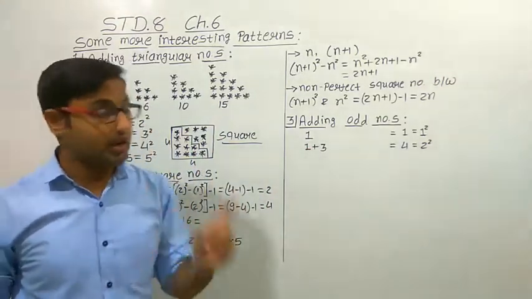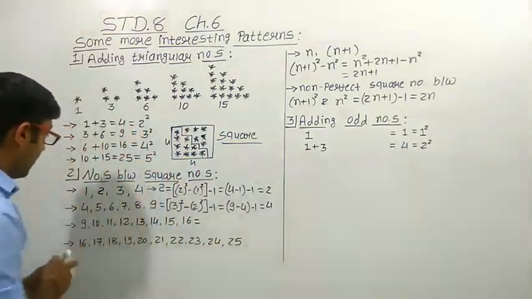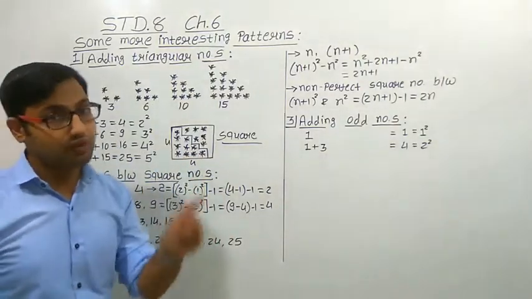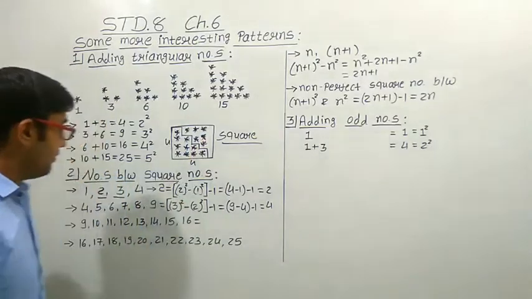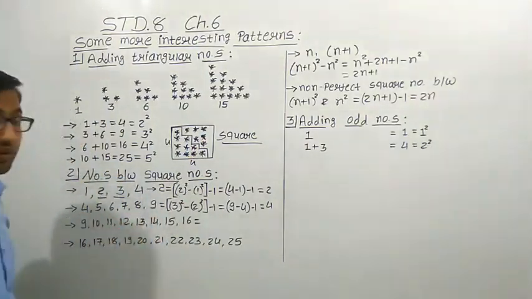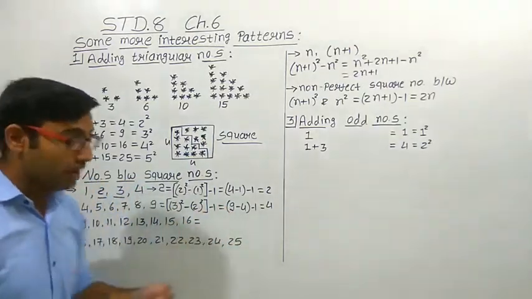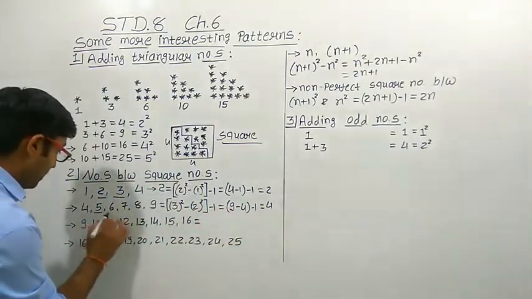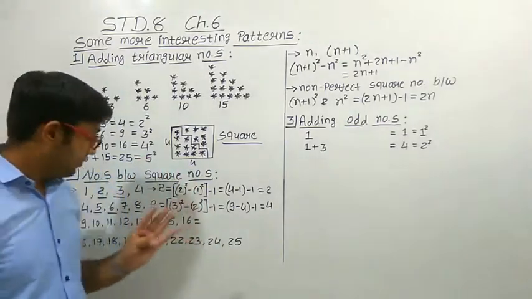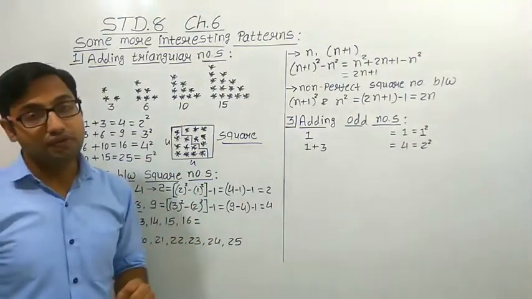In between 1 and 4, there are two numbers which are not perfect square numbers. In the same way, 4 and 9 are perfect square numbers. But in between 4 and 9, how many numbers? 1, 2, 3 and 4. Four numbers are there such that they are not perfect square numbers.